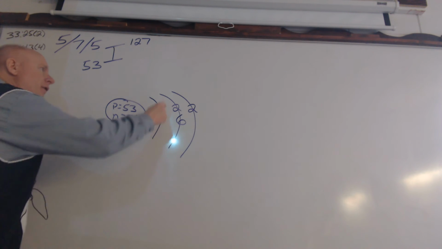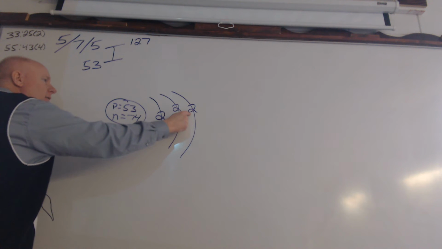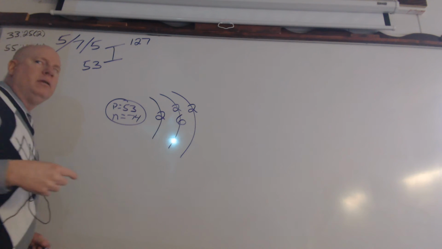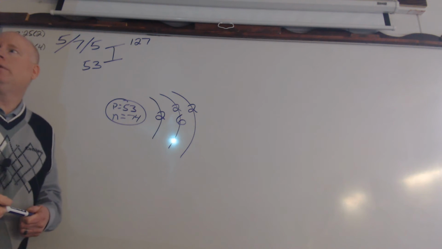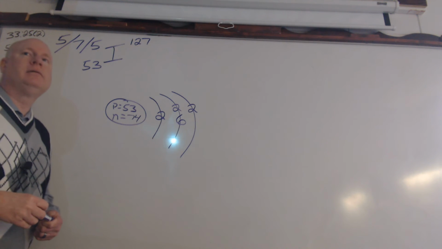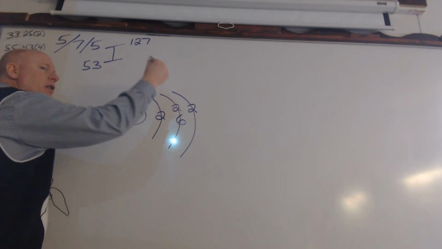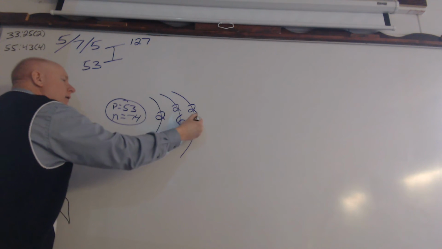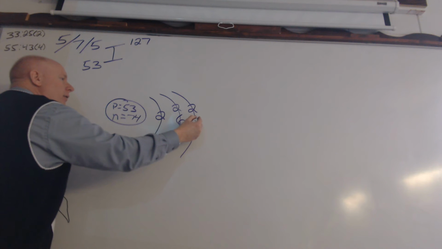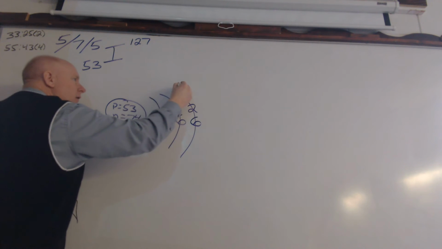So this is the third energy level. What block is this? It's a letter. What letter? S block. 3s2. You keep going. 3p6. Then what? 4s2.